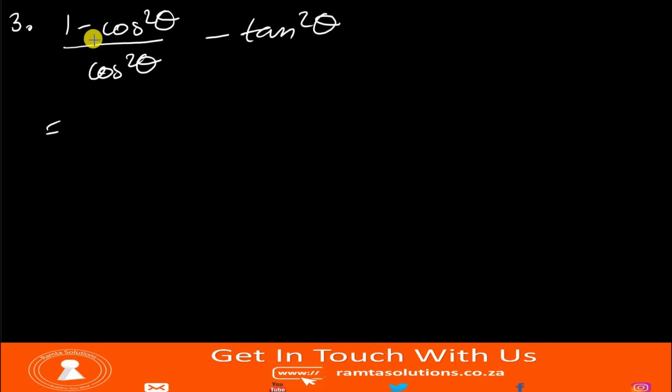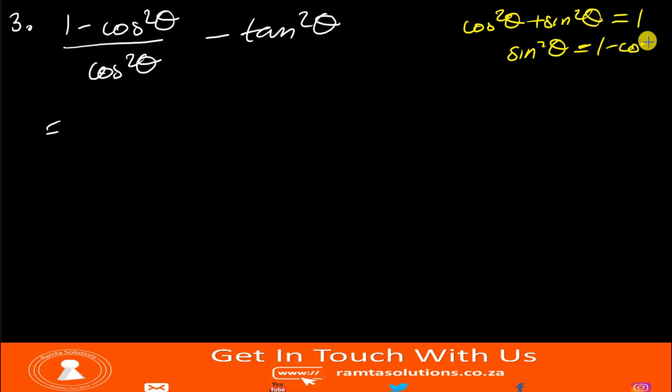What do we have? 1 minus cos square theta is equal to sine square theta. Remember, we have said that cos square theta plus sine square theta is equal to 1. So sine square theta will be equal to 1 minus cos square theta.